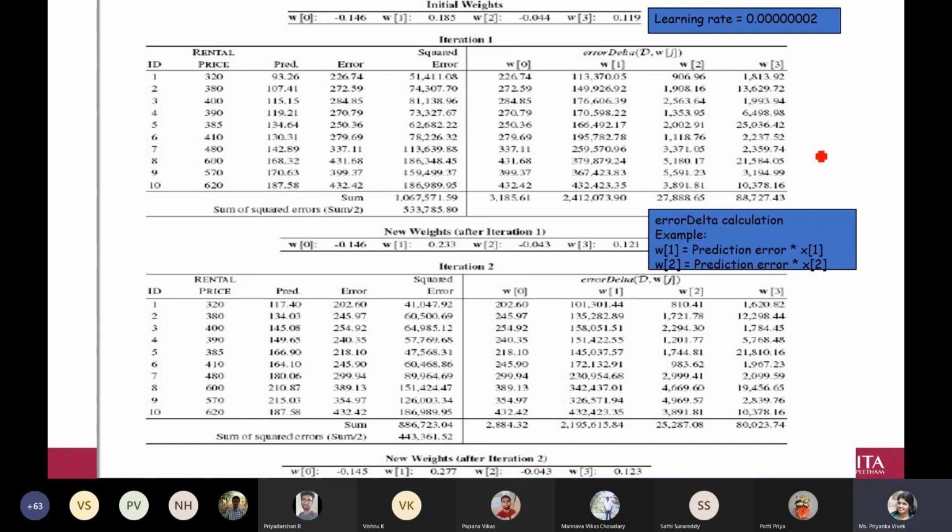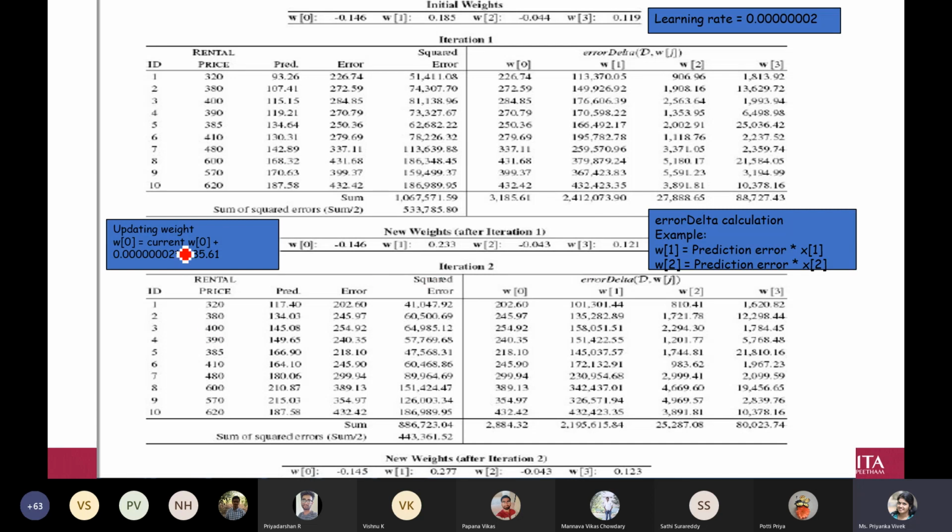This is just the calculation of error delta: for W1 we write prediction error into X1. In the same way for W2, prediction error into X2. Finally we sum it, and similarly for W3.